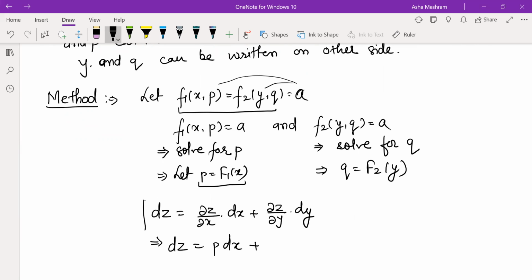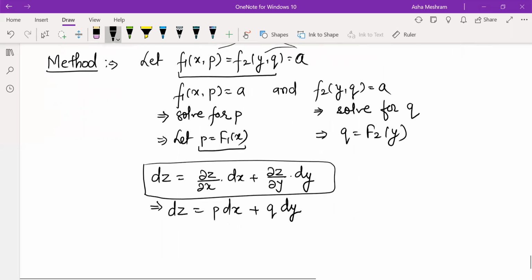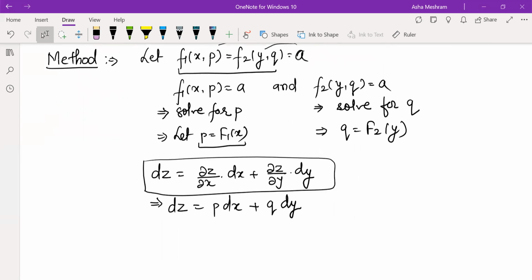Remember this expression, this is a very important expression. ठीक है, p dx plus q dy, and what is the value of p? P is nothing but f1 of x and q is nothing but f2 of y. So we substitute these values here. F1 of x dx plus f2 of y dy.